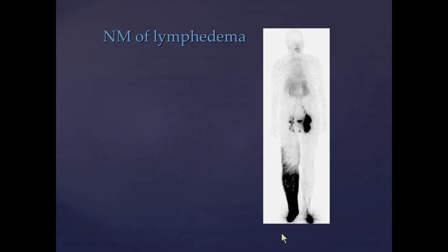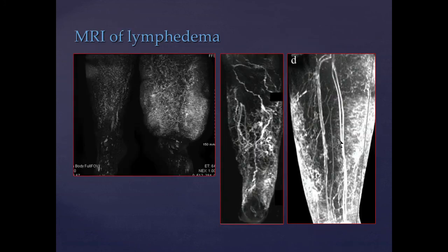Here's this kind of sock distribution, boot distribution of the accumulation of radiotracer on the right side, and then there's clearly something happening in the inguinal region as well. And often you'll find that in primary lymphedema, the transit time is reduced as well. So I don't personally do this study, so I really don't have a lot more to offer, but let you know that that's a diagnostic tool.